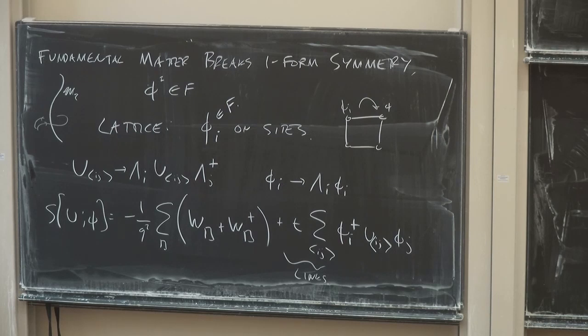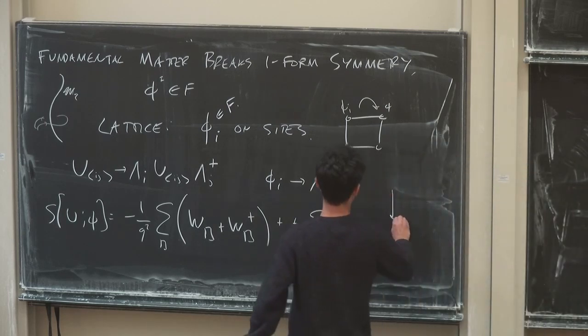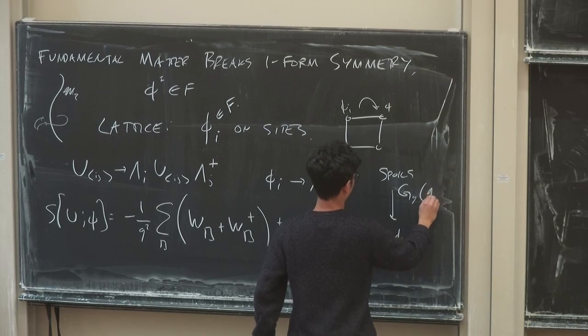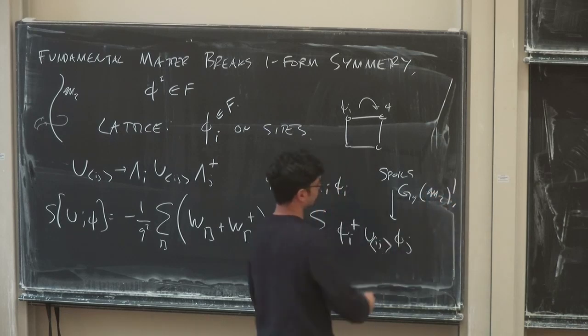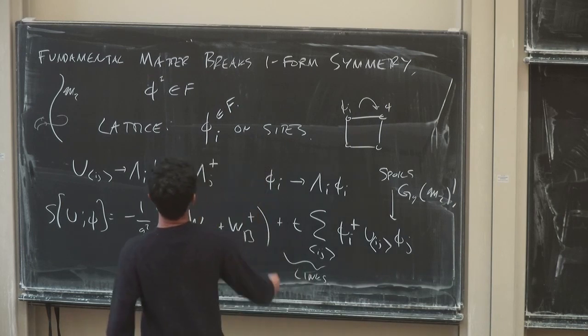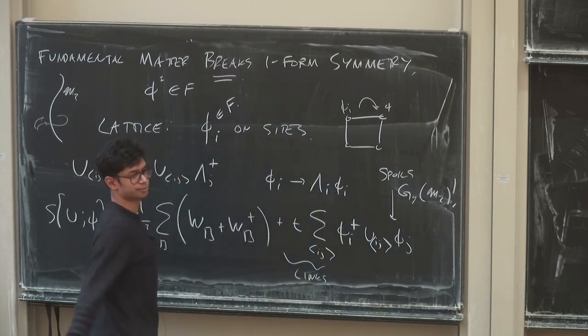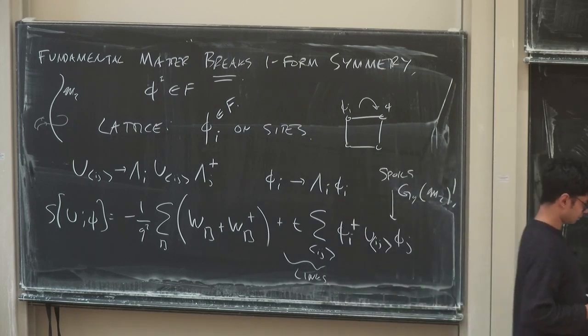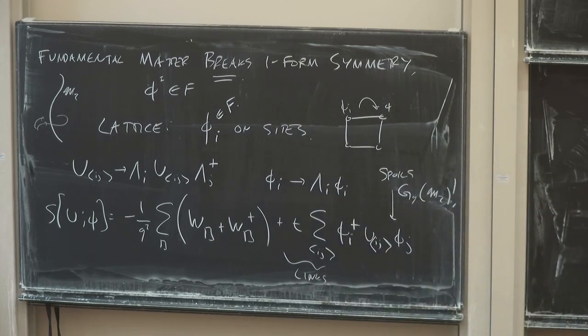Okay? Fact. This is the lattice version of this picture I just drew of the phi field, the phase, and so on. That's really what's happening. This term just spoils the Gukov-Witten operator. Okay? This term spoils it. And therefore, it explicitly breaks the one-form symmetry. And what does that mean physically?